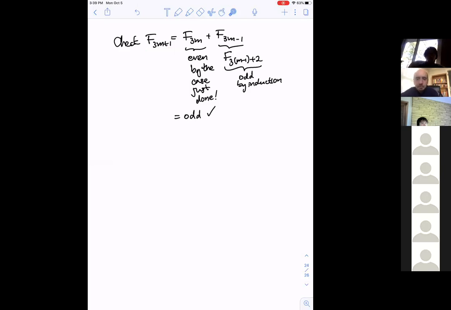Pretty good? Questions? And before we write the end of proof symbol, the F3M plus 1 case is similar. Any questions before we move on?